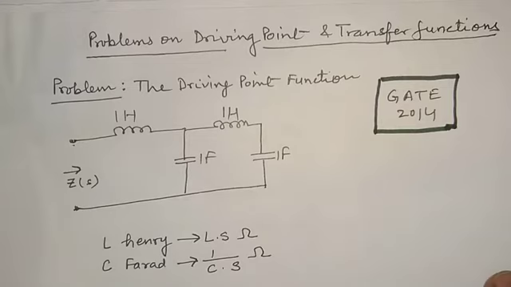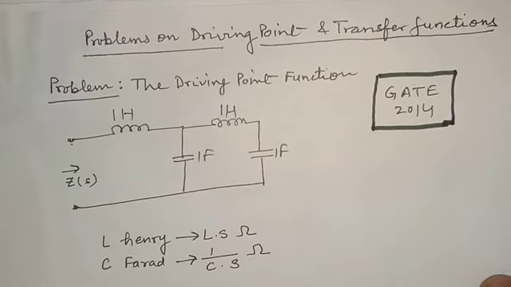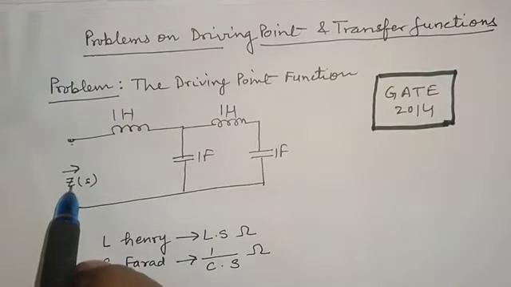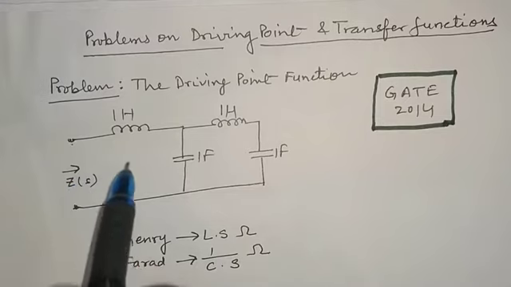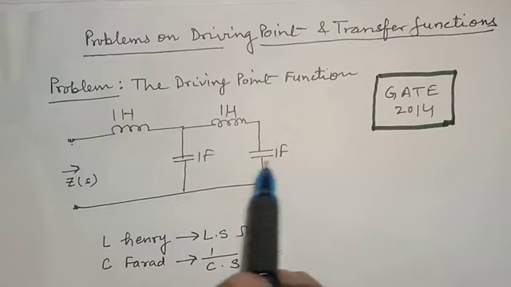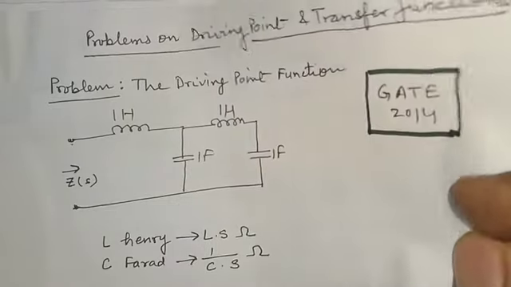If in any question L Henry is given, then its equivalent ohmic value will be L into S. If C farad capacitor is given, then its equivalent ohmic value will be 1 upon Cs. Then to calculate Zs, I will convert all the inductances and capacitors in terms of ohms.